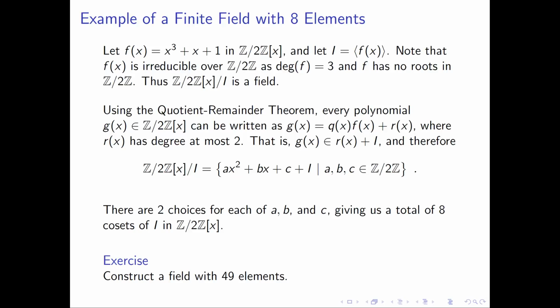Then I needed an irreducible polynomial, and what I was going to end up with is, when I factor out and get a field, I'm going to have the possibilities for the remainder here. Those are going to give me my choices. The prime p that I've chosen is the number of choices I'm going to have for the coefficients, and the number of copies of p that I have is the number of terms that are involved in the remainder.